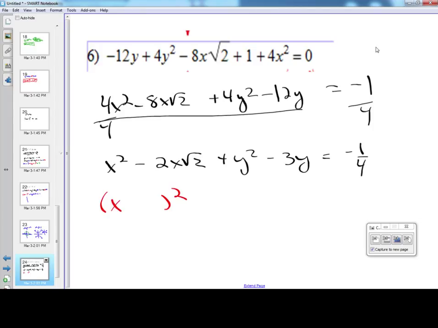X minus, what goes there? It would just be radical 2. So you don't divide the radical by 2? Well, actually we did. Let me show it to you here in green. Technically this is 2 times x times the square root of 2. So I'm going to rewrite this as 2 square root of 2 and then times x.